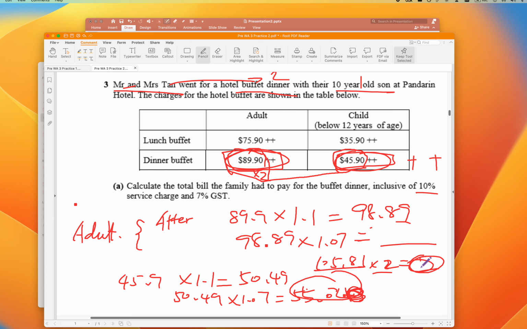So if you round, your final answer is going to be more rounded off. If this one is not rounded off and this one is also not rounded off, your answer is more accurate. If you round off for the first, round off for the second, your final answer is doubly rounded off, which is quite off. So one thing I want you to learn today is you only round off at the end.